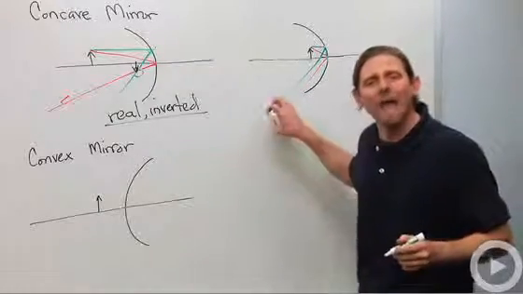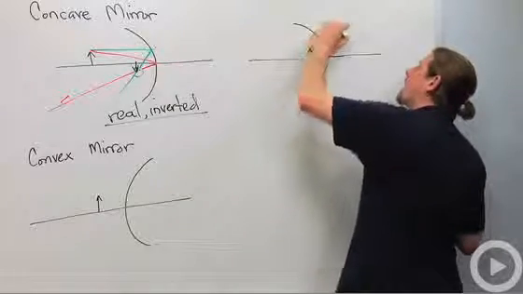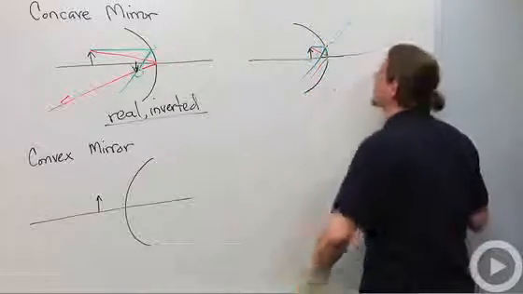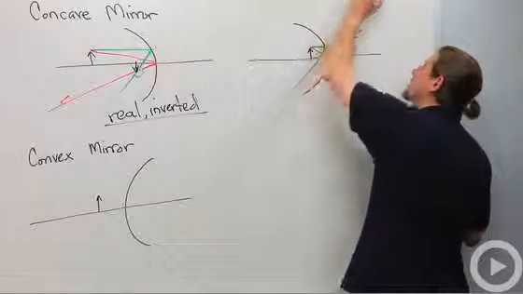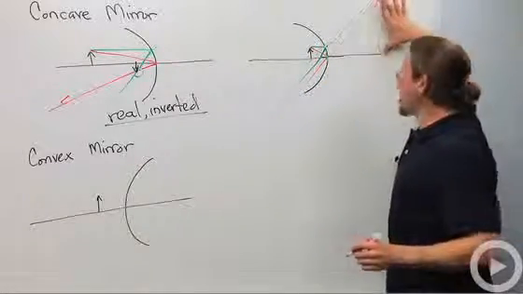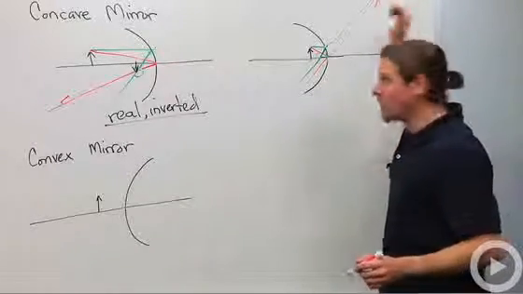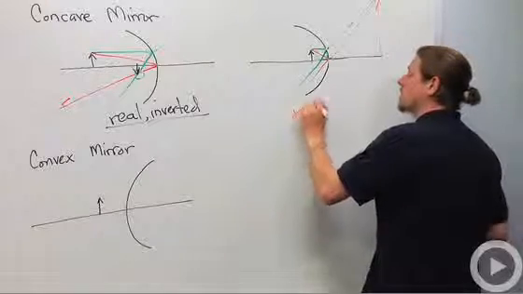They're not going to ever recombine. All right? So I have to continue them backwards to see where my image is. And my image is now over here, much taller and virtual and erect.